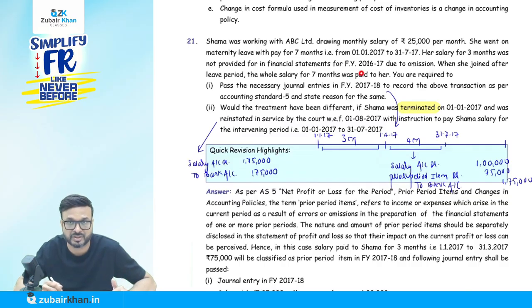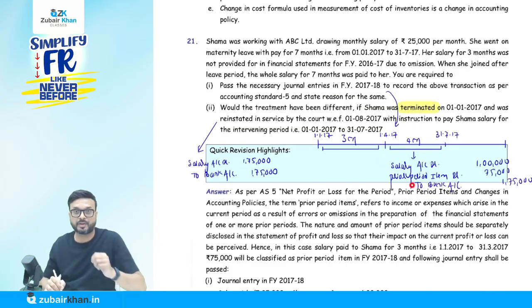It means the last financial year they didn't provide this, for 3 months. When she joined after the leave period, the whole salary for 7 months was paid to her. You are required to pass the necessary journal entries in financial year 17-18 to record the above transaction as per Accounting Standard 5 and state the reason for the same.